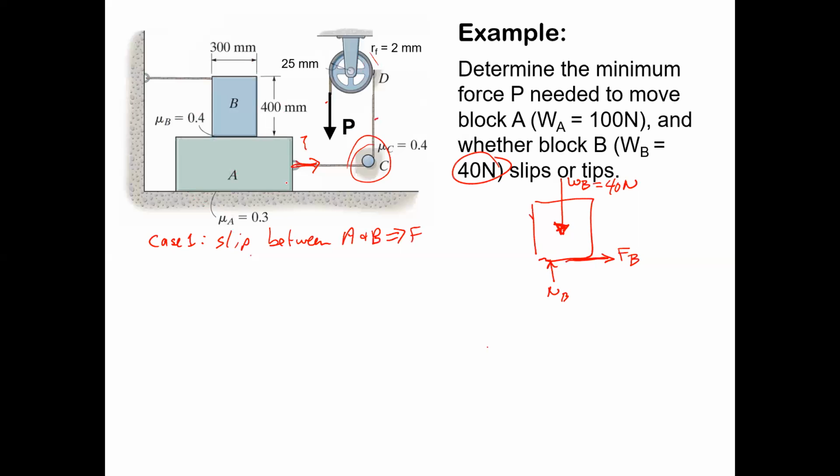If we start tugging at this box A, it's going to be pulling B to the right. The friction force is going to be responsible for pulling that thing to the right. This is box B, and there's a tension at B going on here as well. So there's a counterclockwise moment from the friction force balanced by a clockwise moment from the normal force shifting to the left, to maintain equilibrium.